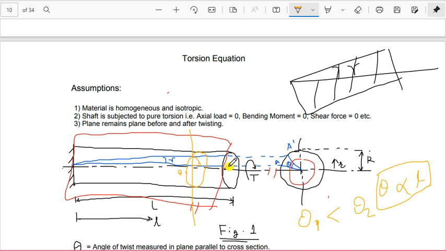Let us say I will draw a separate figure here. And here like this. This is the center. Now let us say these are the shear deformation. Okay, I will draw it separately.